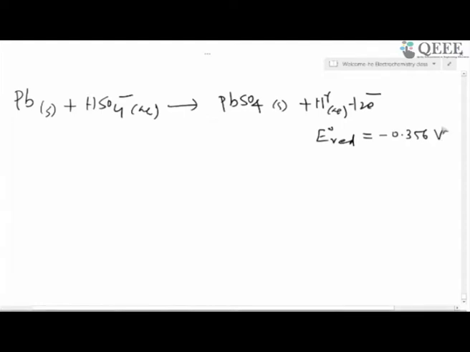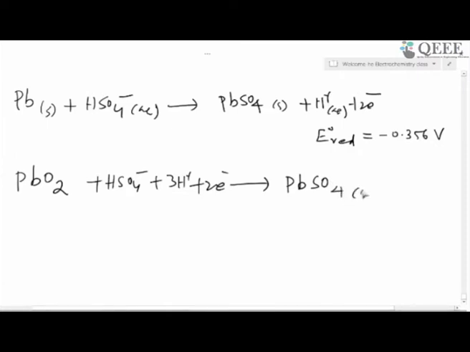Okay, that means lead, and then another electrode is lead oxide with HSO4 minus and 3H plus. The reduction potential of this electrode is 1.7 volt.